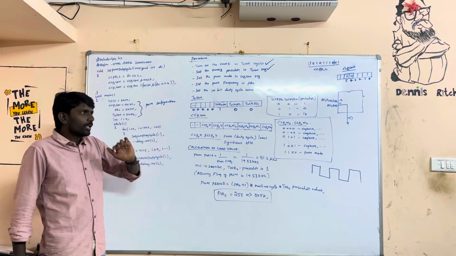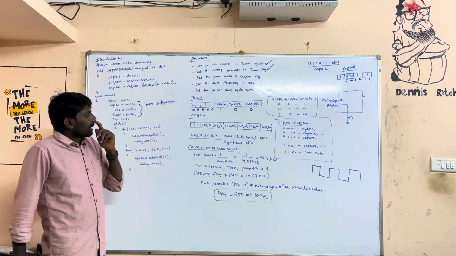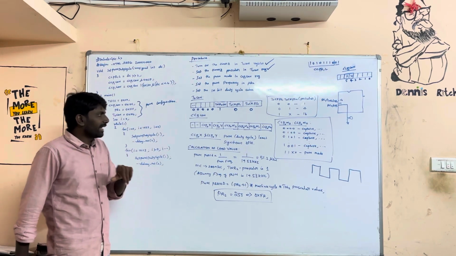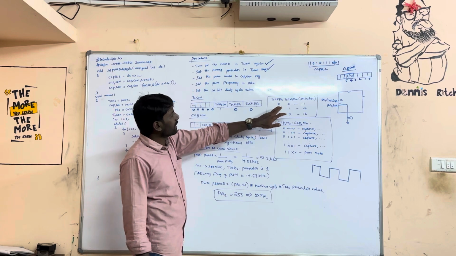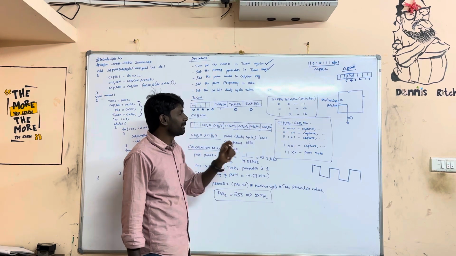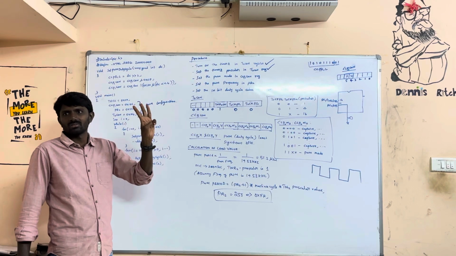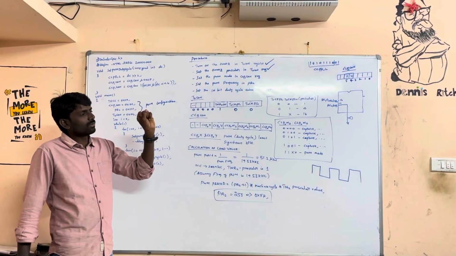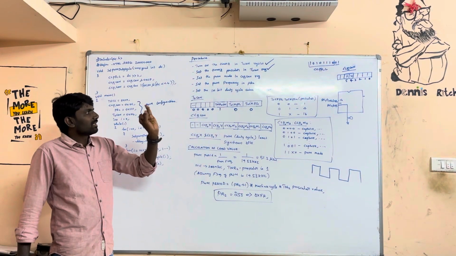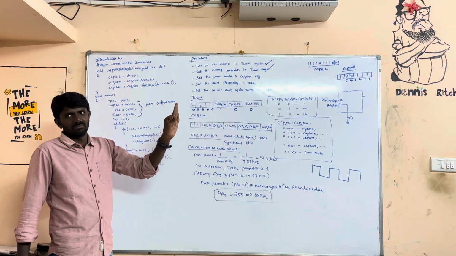Okay, again now you are setting the mode. See, already I told you the CCP1 and the CCP2 will work in 3 different modes. What are the 3 different modes? Capture, compare, PWM. Got it, right?